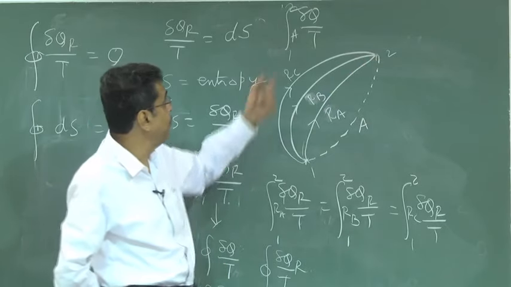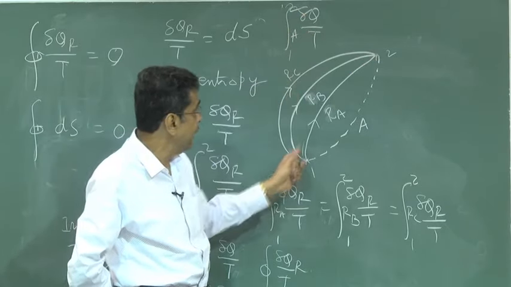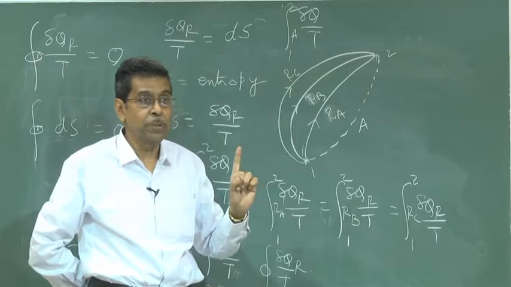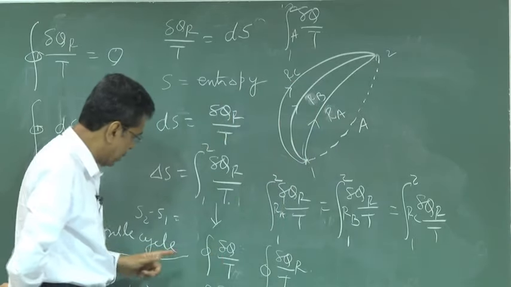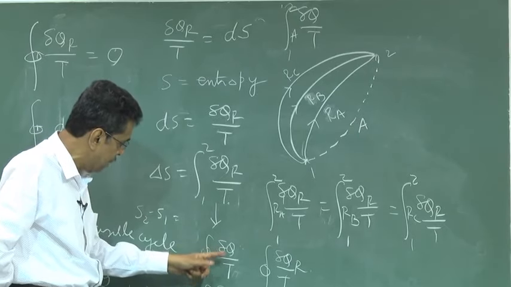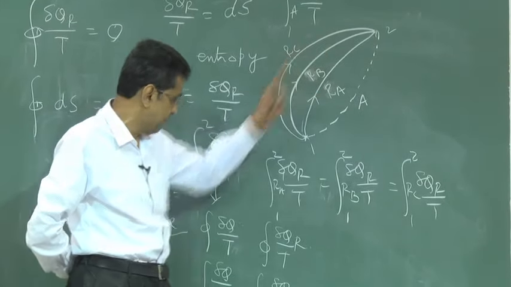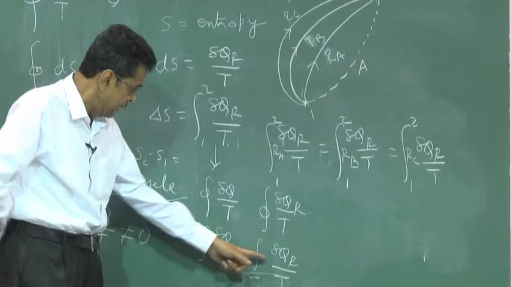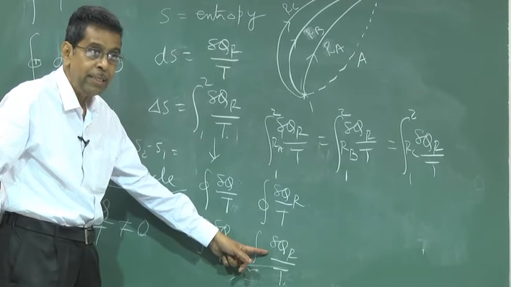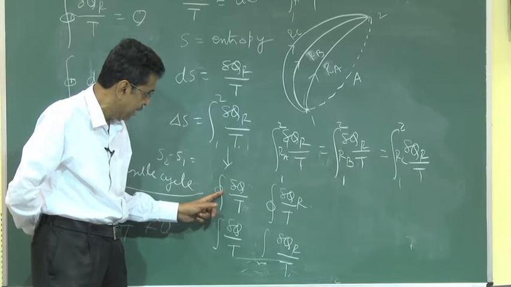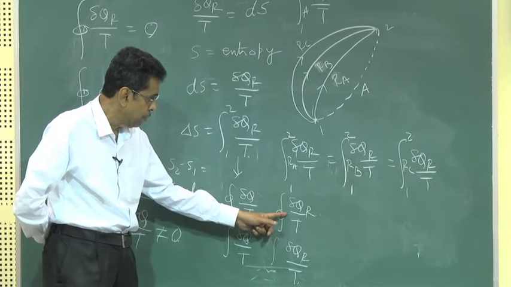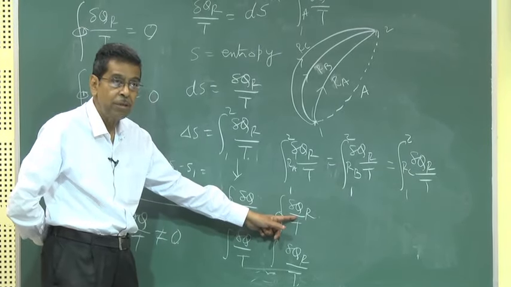What would have been the value of del q by T in that reversible process is its entropy change, not del q by T through its own process. So, next question: what is the value of del q by T for this irreversible path compared to its counterpart del q_R by T in a reversible path? And similarly, for the cyclic integral, what is the value as compared to this? This is 0. This is 0.